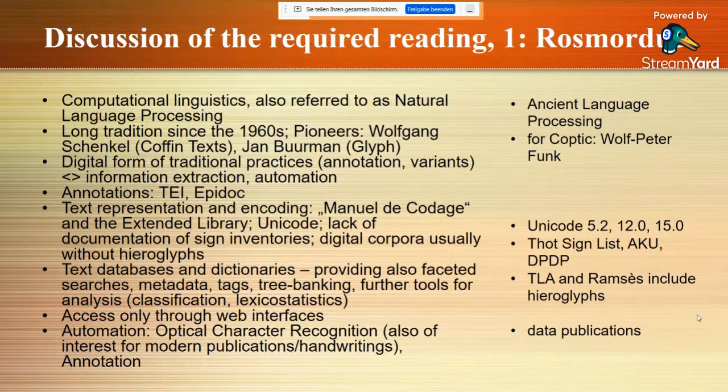Serge in his paper says that he is dealing with computational linguistics in Egyptology, and that is also called natural language processing. In the meantime, people who do that have started calling it ancient language processing, just to make clear that it is different from natural language processing because our material is so much more complex, starting with the non-Latin writing system and with the fact that we always have two layers of representation for the original language, namely the original writing system, if we are able to encode it in a computer.